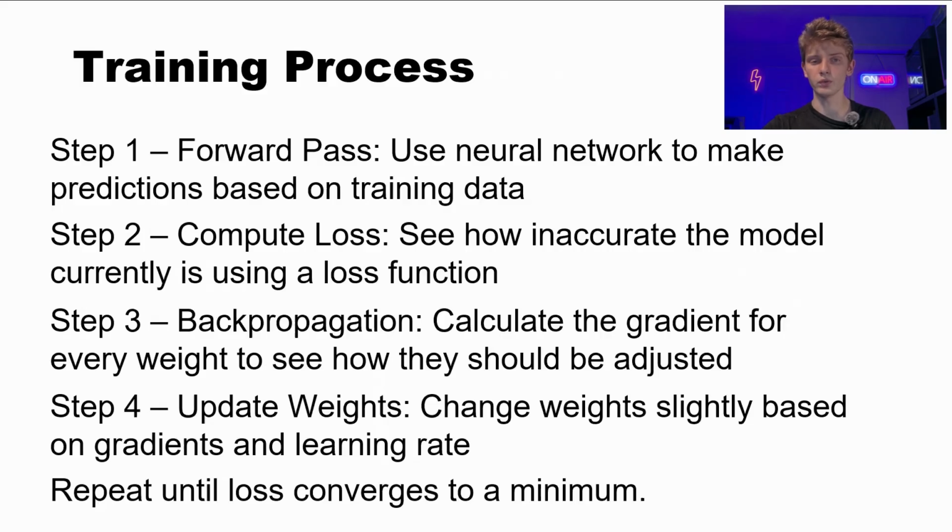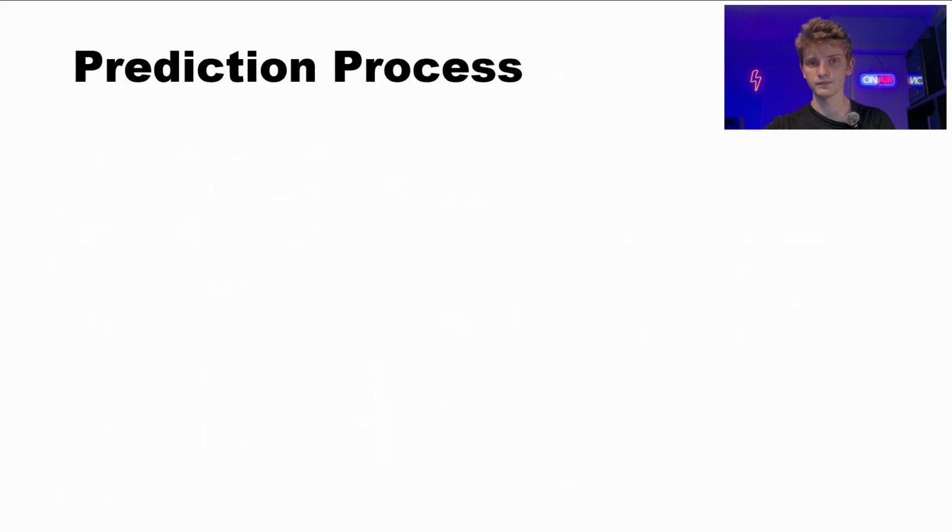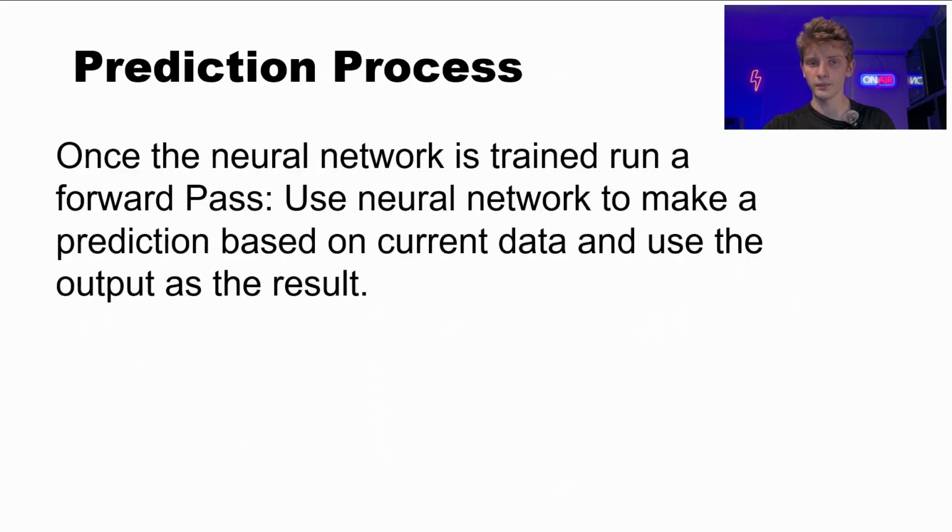So what we're doing is we're adjusting our filters until they actually are good at identifying features that are relevant to distinguishing between, for example, different classes of images. And then if we wanted to make a prediction, we simply take our trained model, send some new data through it, and then it should be able to make an accurate prediction.